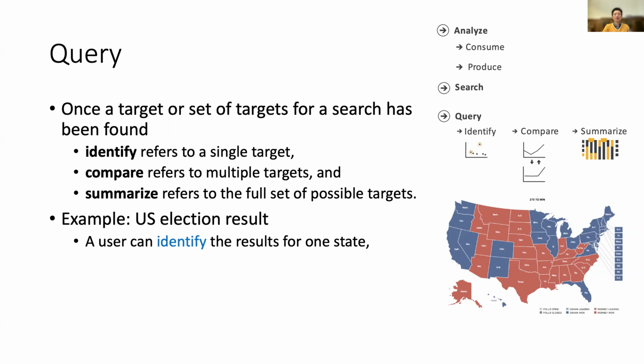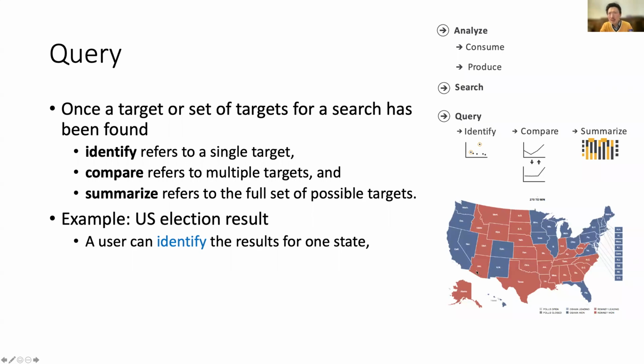Okay. In terms of identify, you want to find out the results for a specific state. This one, I think it says Colorado, and it's blue, and it voted for Democratic. And this one, sorry, it's quite small, you probably can't see unless you have very good knowledge of American geography.